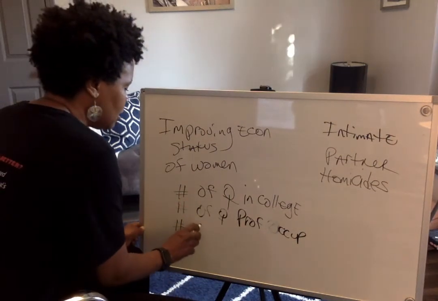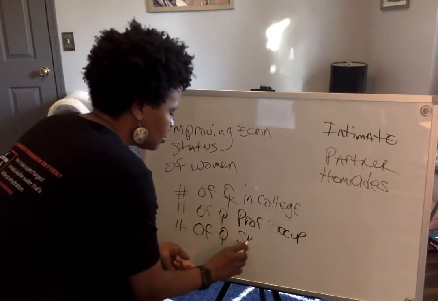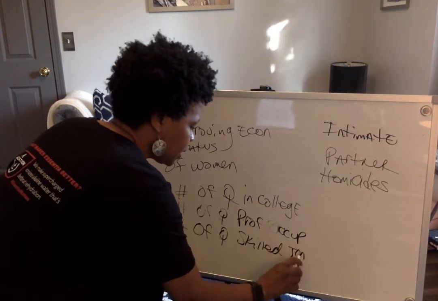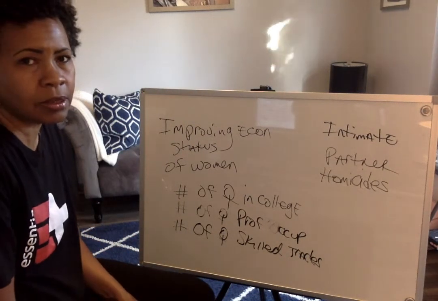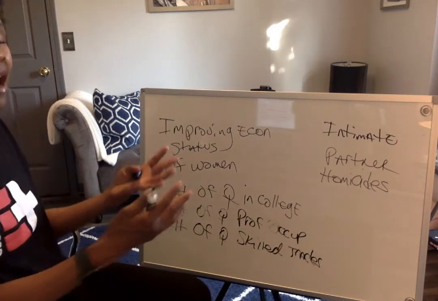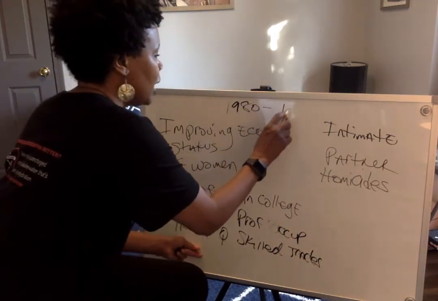And I also looked at the number of women in skilled trades dominated by men. So construction trades, mechanics, plumbing, electrical services. Believe it or not, women are entering those fields. And the time frame for my study was 1980 through 1995.